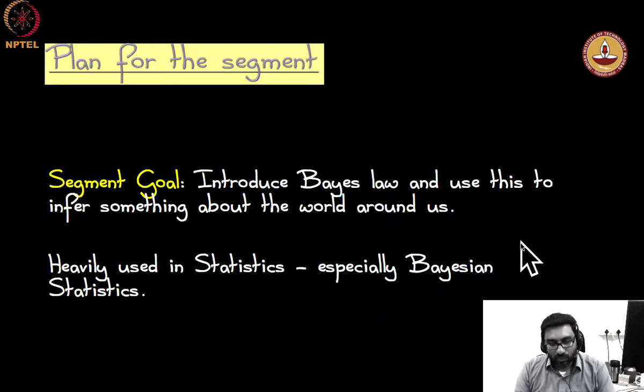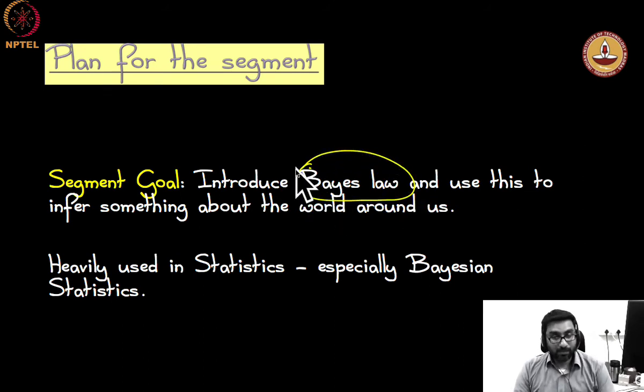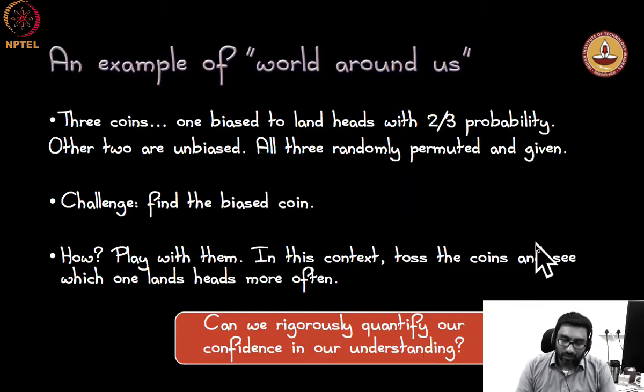What we want to look at in this segment is Bayes' law, which provides the basis for this sort of playing with the world in order to build the right model. This finds a lot of application, especially in Bayesian statistics. So without further ado, let's look at a simple example where this sort of context plays out.